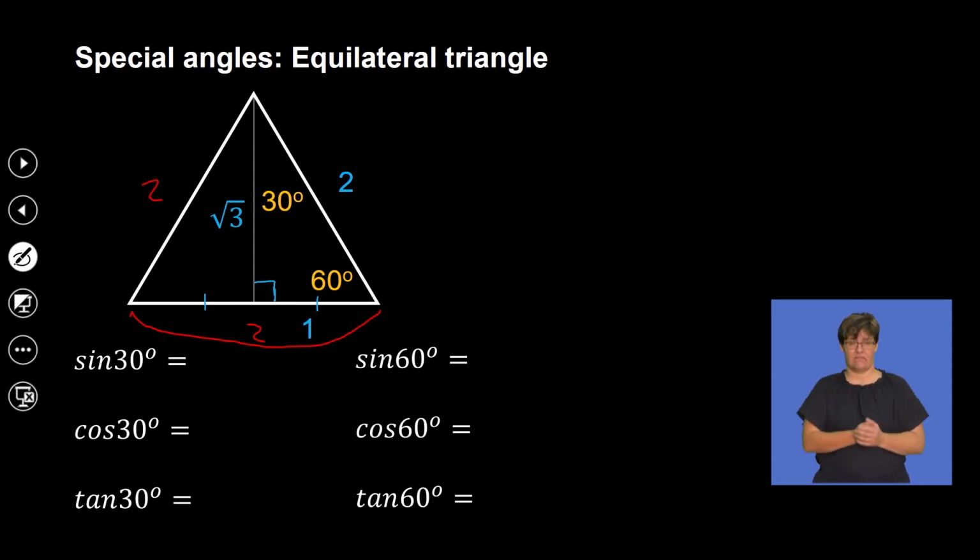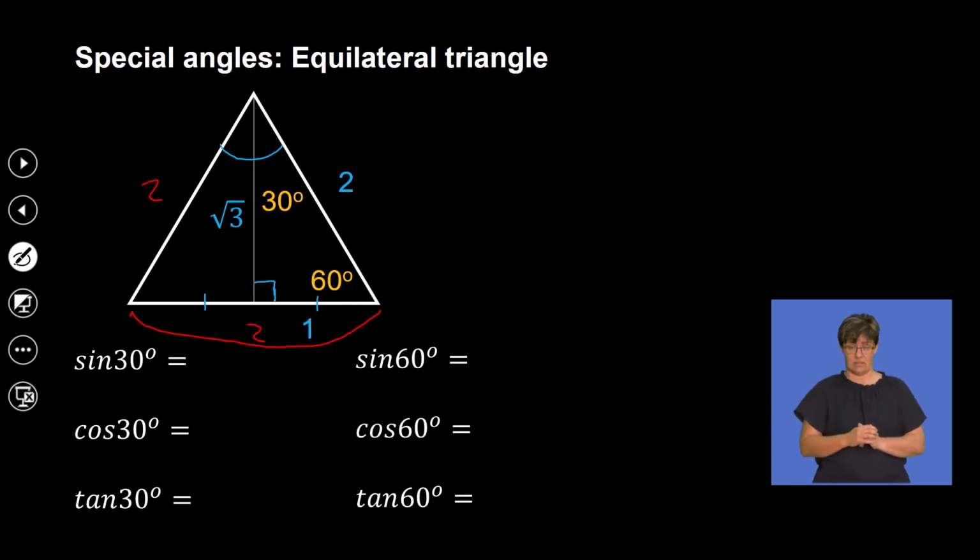So this was given as an equilateral triangle with all 3 sides being equal to 2 units. I've bisected the third side and it gave me 1. And if I bisect the third side and it is an equilateral triangle, I'm also bisecting that angle and making it 30 degrees, 30 degrees. Because remember, with an equilateral triangle, all angles are equal to 60 degrees.